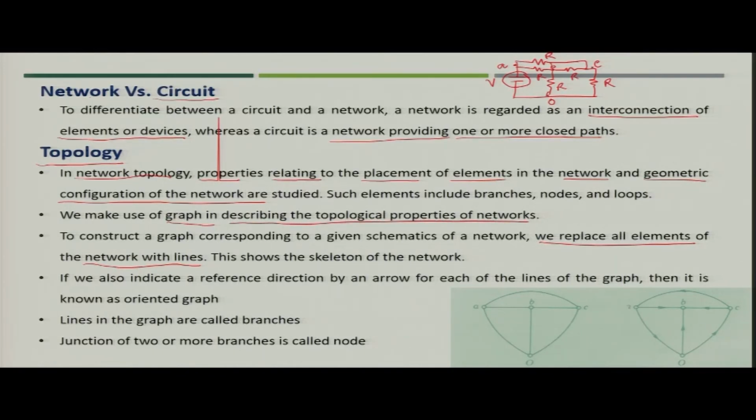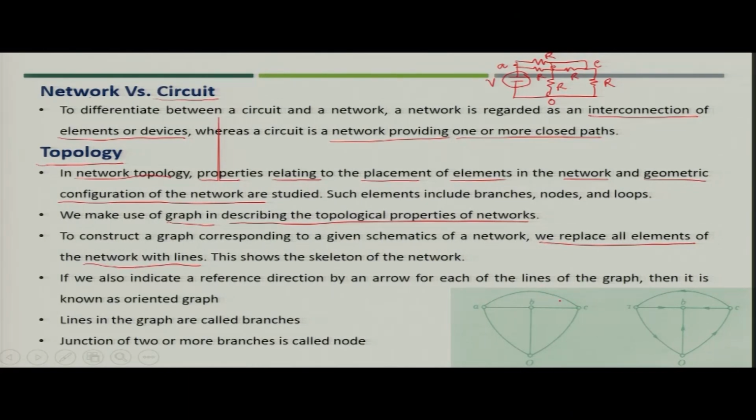So, from the circuit, if you create a graph which describes the topological properties, that means the connectivity information of all the elements in a particular network, then that particular network will be the topology of that particular circuit.